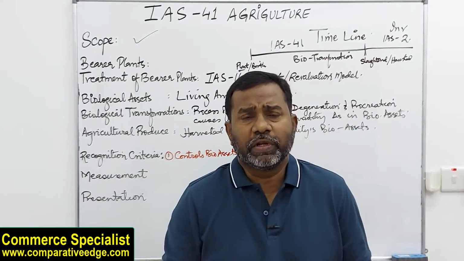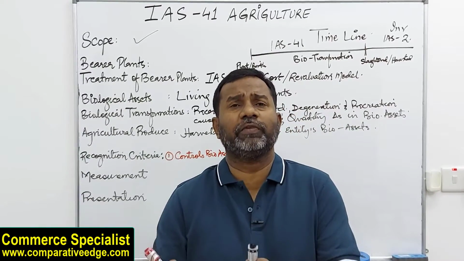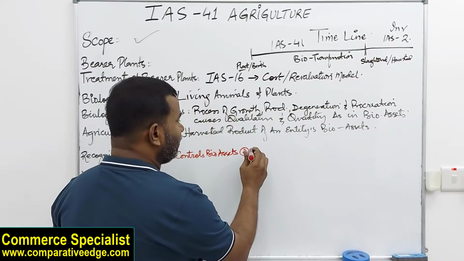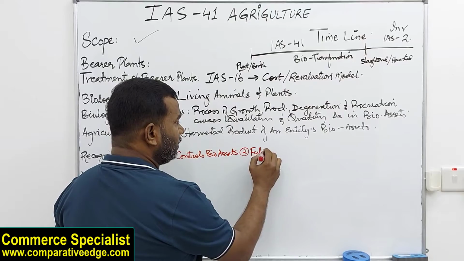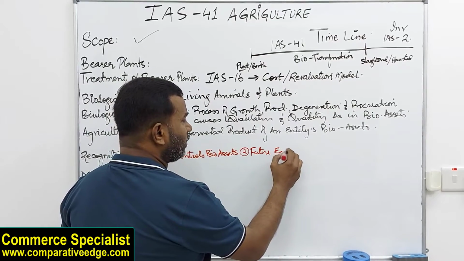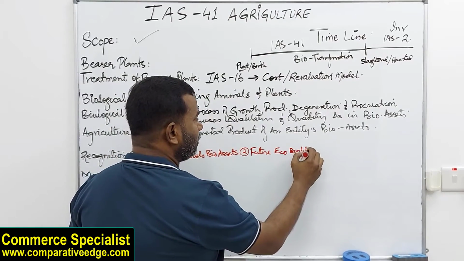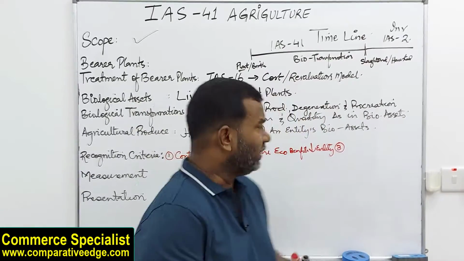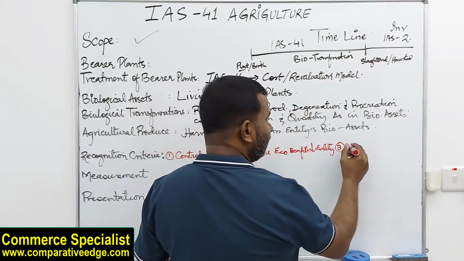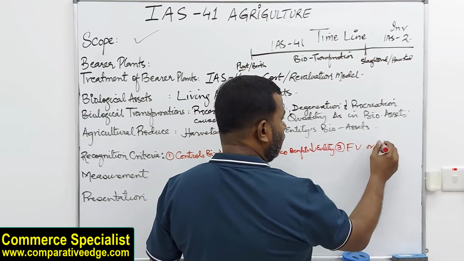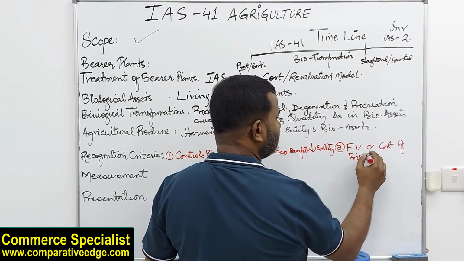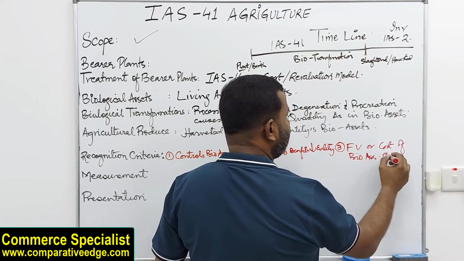The second point is when it is probable that future economic benefits relating to the biological assets will flow to the entity. And the third important point is when the fair value or cost of the biological assets can be measured reliably.